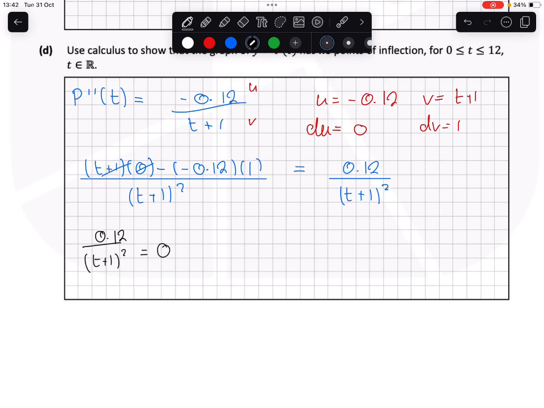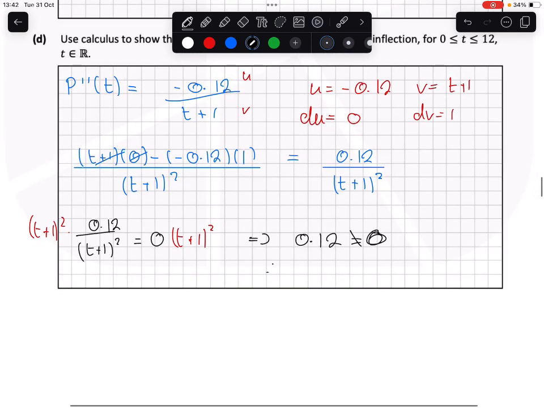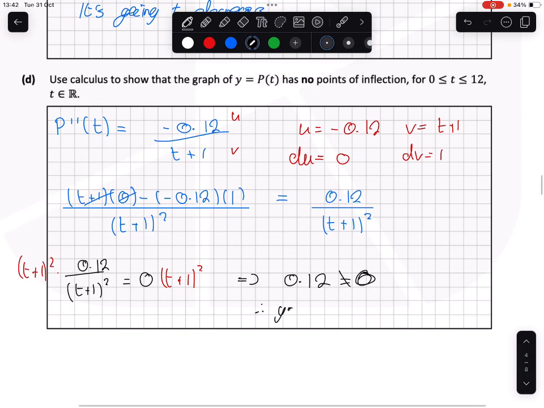If I multiply both sides by t plus 1 squared, what I'm actually going to get is that 0.12 equals 0, which it doesn't. So because this doesn't make sense and we can't have 0.12 equaling 0, we can therefore say that y is equal to p of t has no point of inflection.